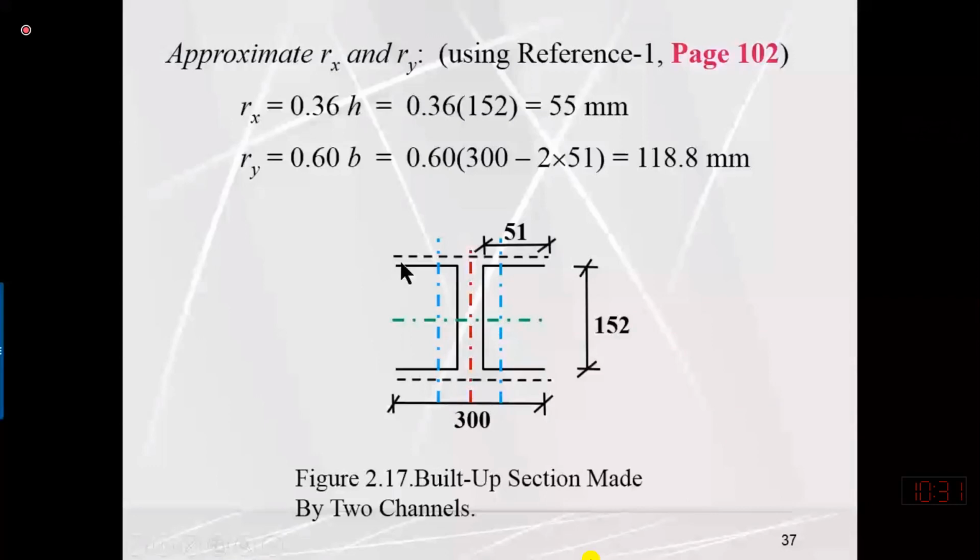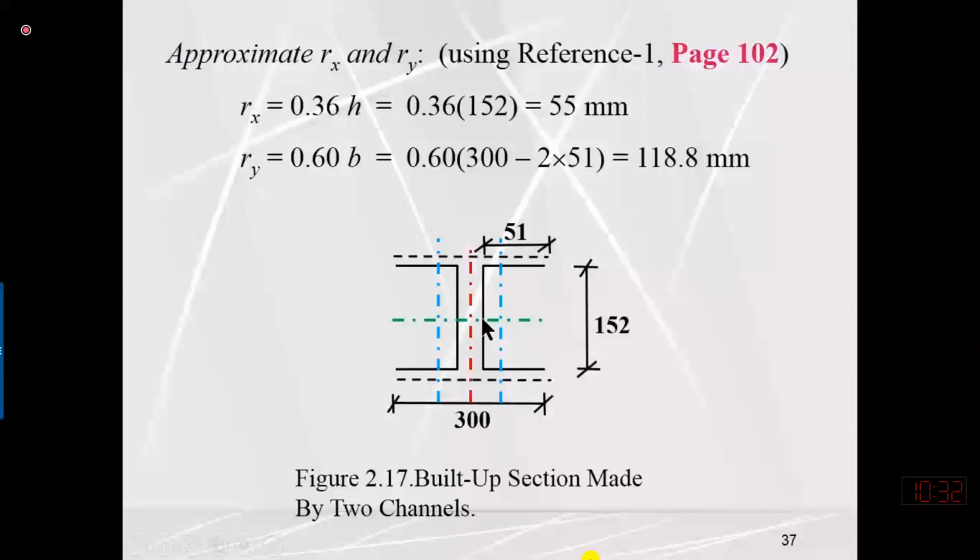From 300, I need to subtract 51 from here and 51 from here. Then the available space will be 300 minus 2 times 51, which is 198. 198 divided by 2 will be the distance from this centroid to the edge of this channel.